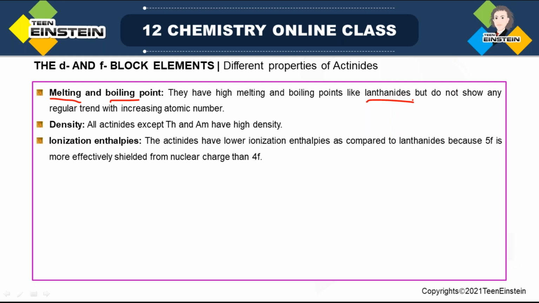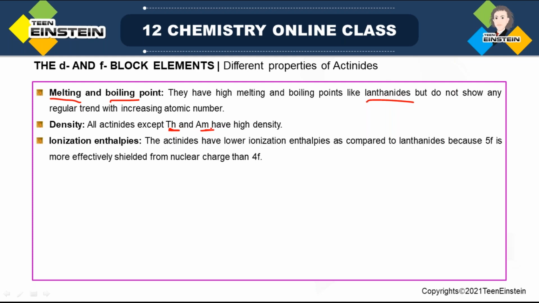Fine. So sometimes it is increasing, sometimes it is decreasing. So there is no such regular trend. Then what about density? All actinides except these two, that is americium and thorium, they have very high density. And in case of lanthanides also we have seen there is high density.